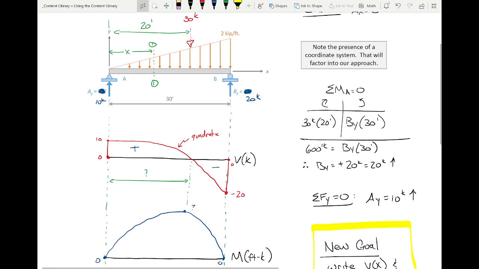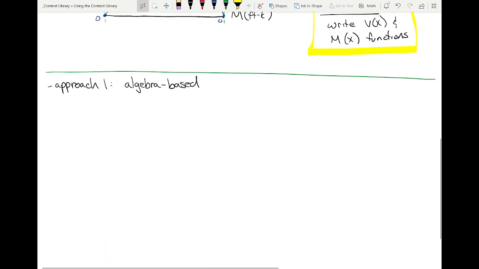Okay, so let me draw that down here. So cut a section at x, look to the left. So what do we got?